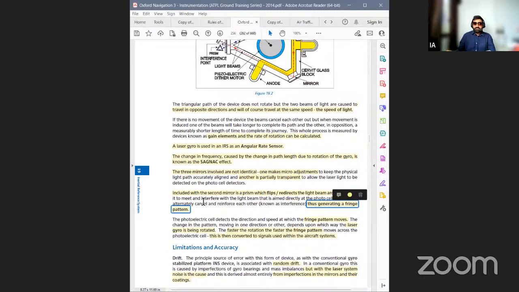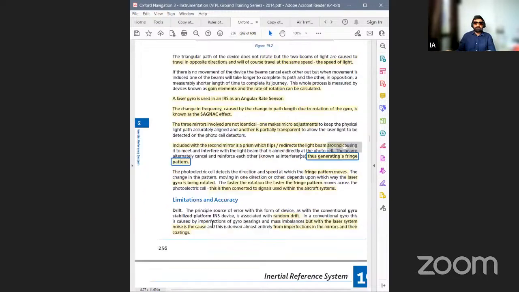The beams alternately cancel and reinforce each other, known as interference, thus generating a fringe pattern. Just make sure you note this term also. The photoelectric cell detects the direction and speed at which the fringe pattern moves.